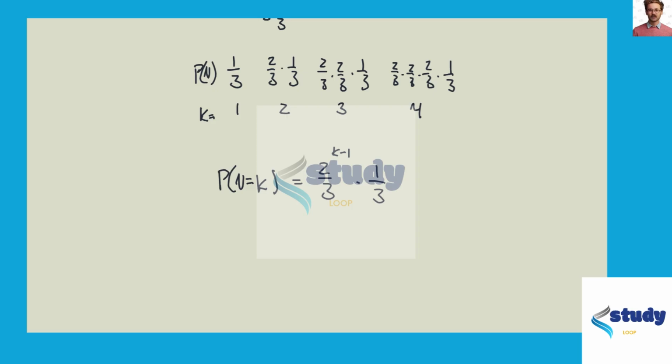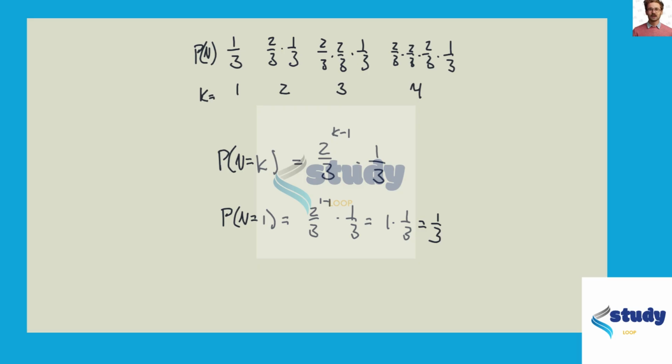Okay, when k is 1, then we'll get 2/3 raised to the 1 minus 1 times 1/3, or 1 times 1/3, or 1/3. Great.